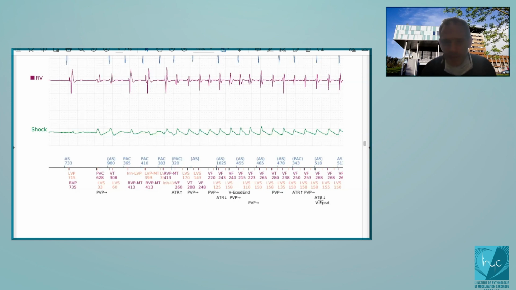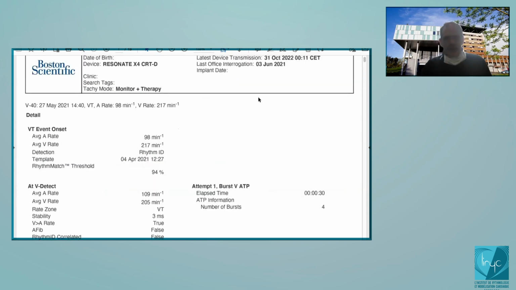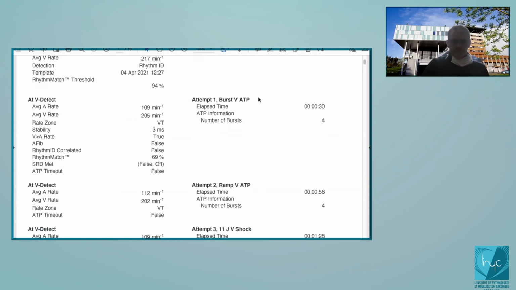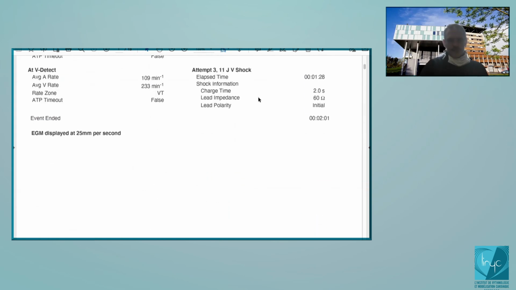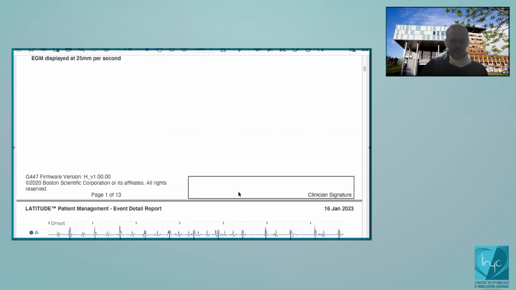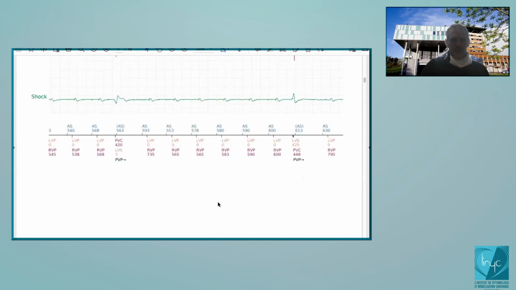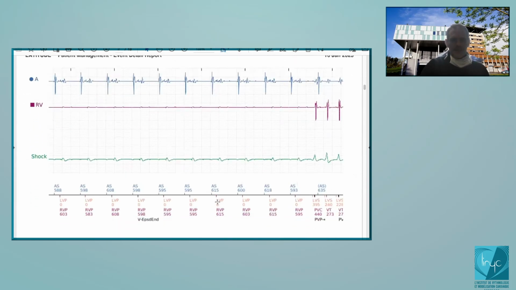For example, I will show you on the tracing so that you will understand what I mean exactly. This is now another tracing. And you see that he will receive burst, ramp, and at the end, a shock. So you see the therapy is delivered.